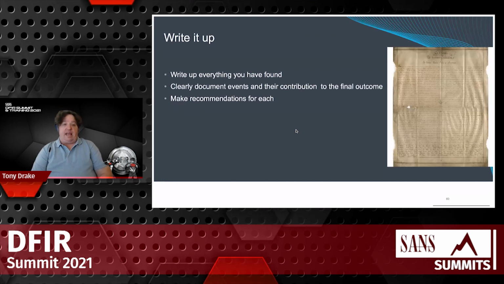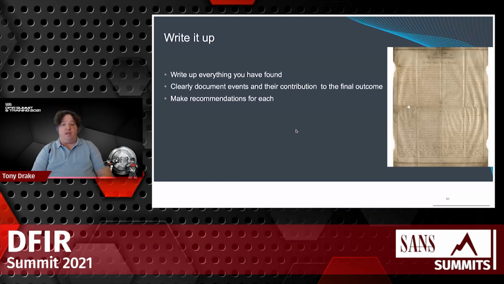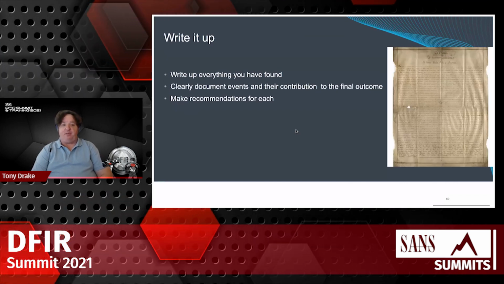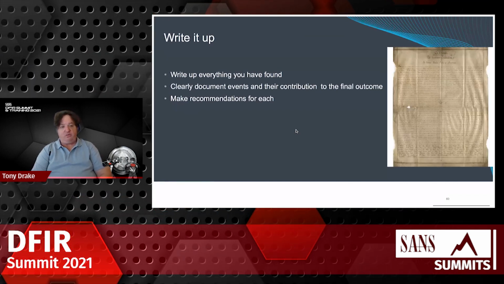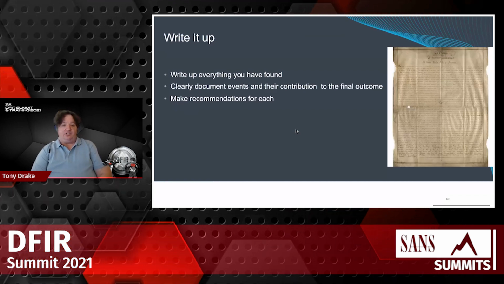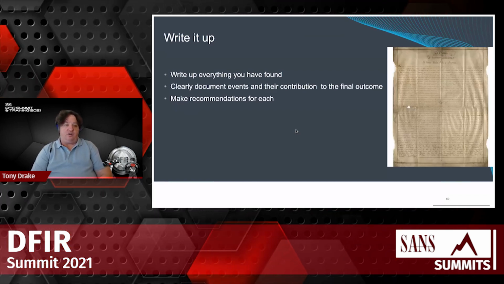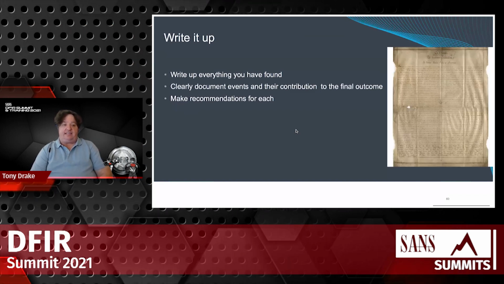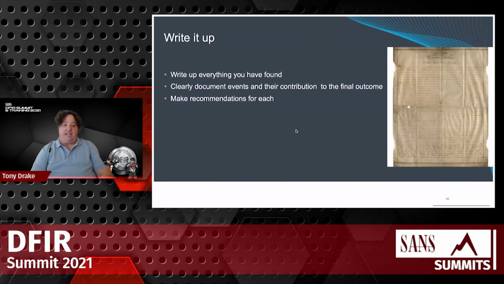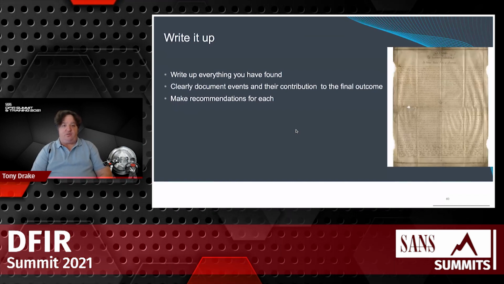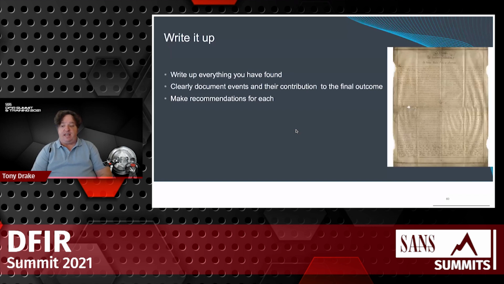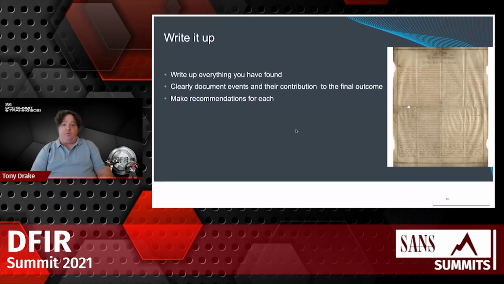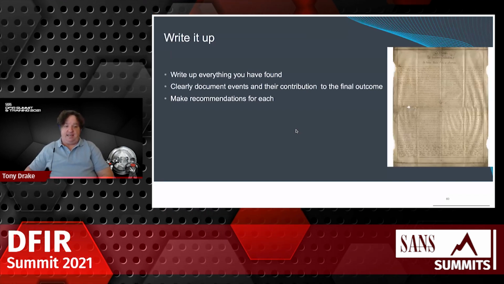We need to look at our email providers and determine why these emails are getting through in spite of having 6 hops between the internet and the end user. We need to understand why certain end users are clicking on certain types of emails more than others. We need to look at these kinds of things, and we need to make these recommendations, because when we understand our users and understand our environment and understand our business at that level, then we can make recommendations that will truly help to prevent future incidents.